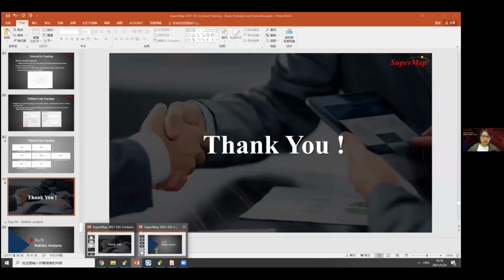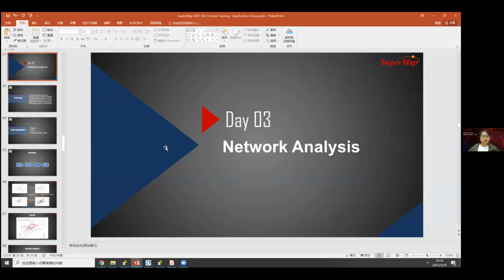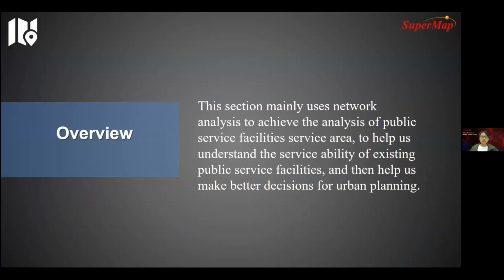let's go to the second part, the demonstration. This section mainly uses network analysis to analyze the service area of public service facilities, to help us understand the serviceability of existing public service facilities, and then help us make better decisions for urban planning.